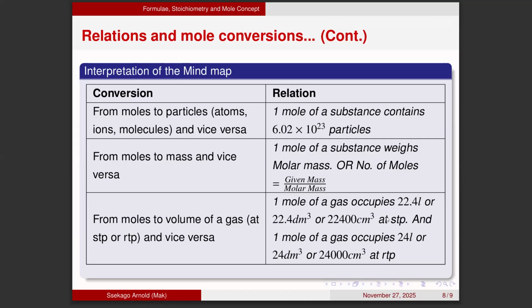Then for RTP, we have 1 mole of a gas occupies 24 liters, or 24 decimeters cubed, or 24,000 centimeters cubed at RTP. So I have endeavored to explain and interpret the mind map in this table. So it's up to you to take note of it.